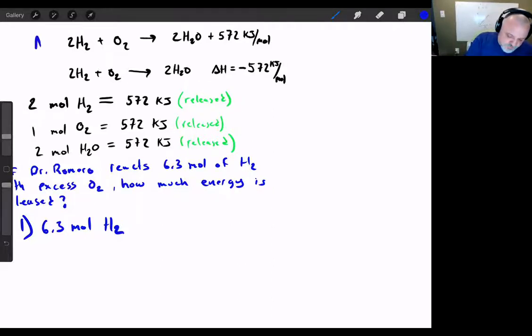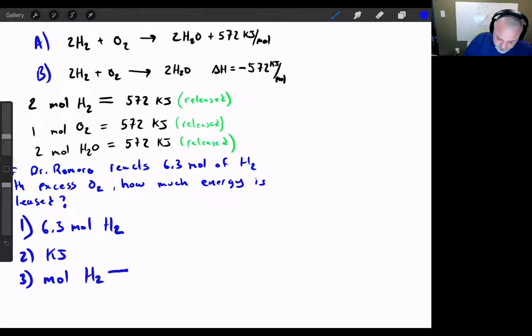Remember, this is method A and this is method B, but it's really the same equation. What are we asked for? We're asked for the energy released. So that means we're gonna calculate kilojoules. So what's the basic plan? It's to go from moles of H2 to kilojoules. And we do have a direct relationship.